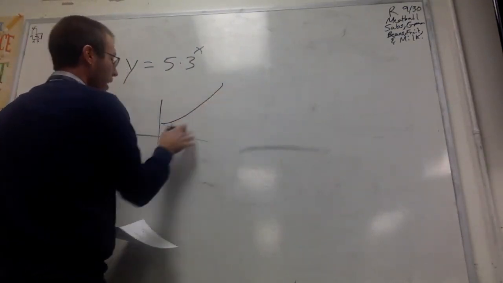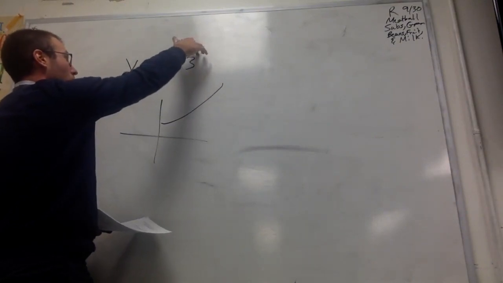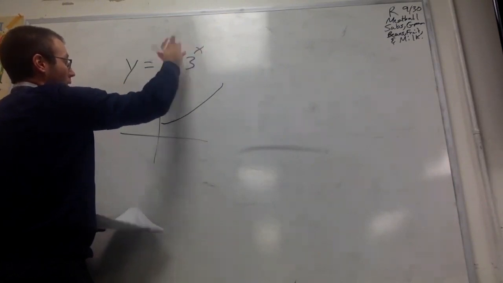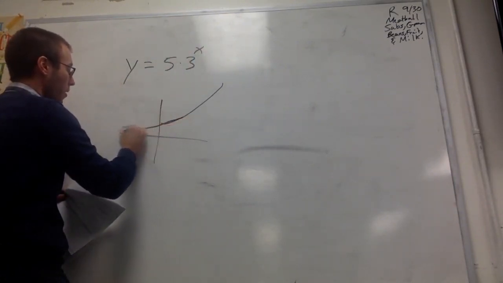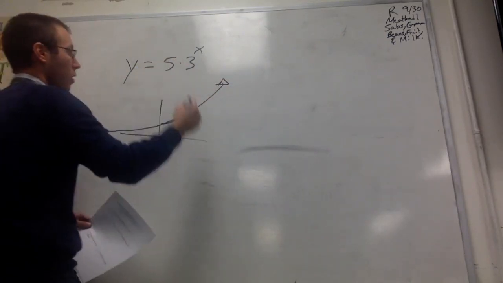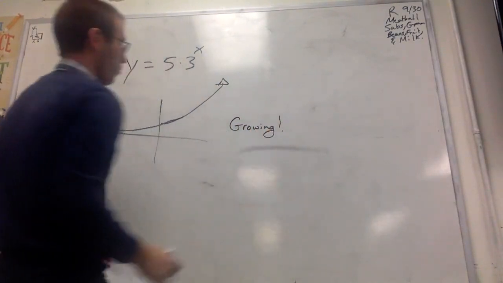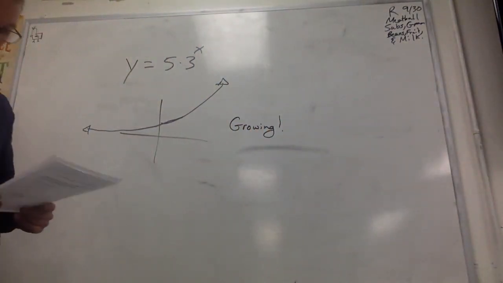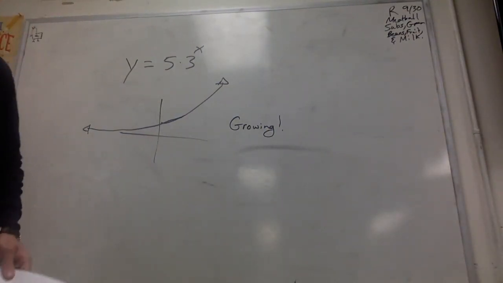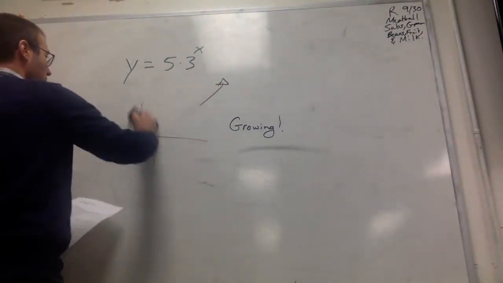As x becomes more and more negative, this value becomes closer to 0. This just makes it times 5, so it doesn't flip it or anything. It just dies off here. So we see this function is growing. It's getting bigger.